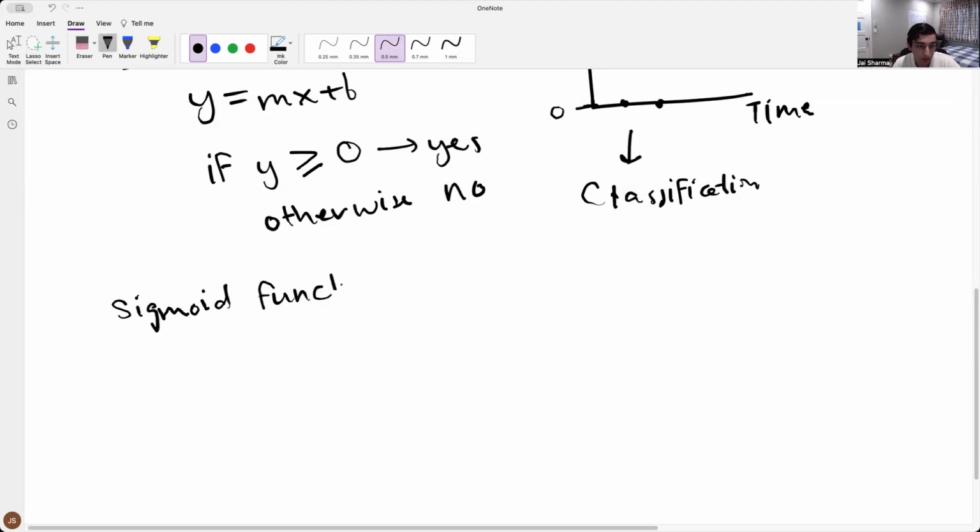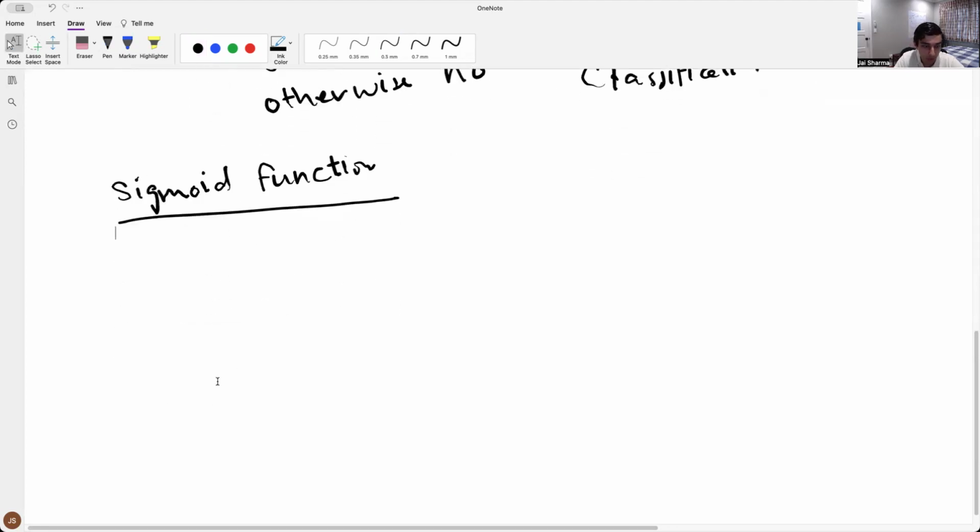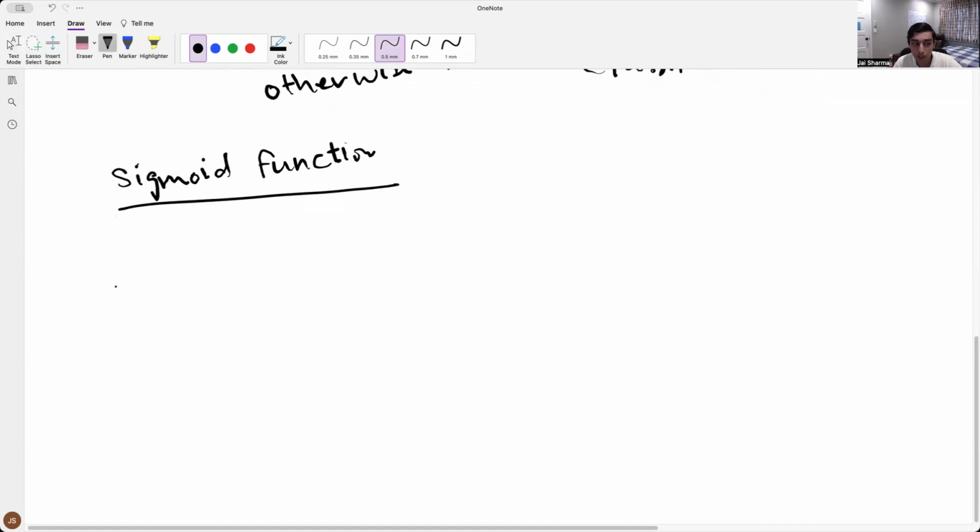So I hope I don't write this wrong. Basically, the sigmoid function is just a normal function that you would see, let's say, in algebra class. I think this should be correct.